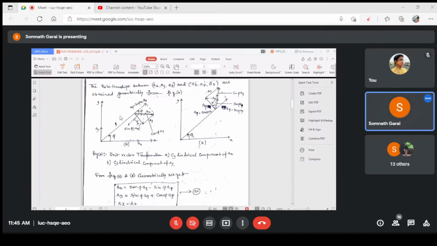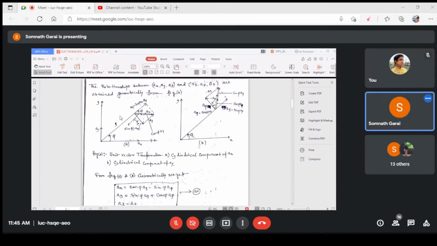And a rho, a phi and az are the unit vectors in the cylindrical coordinate system along the rho direction, phi direction and z direction respectively.